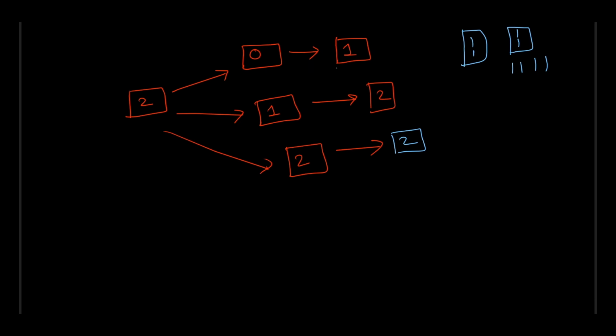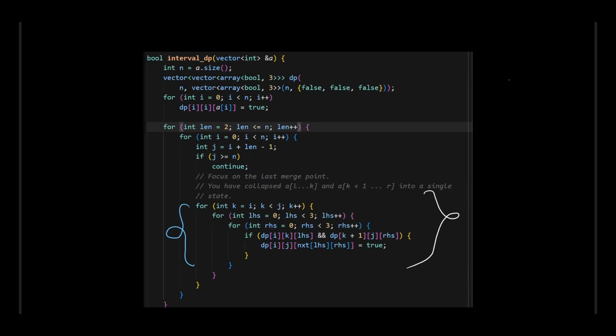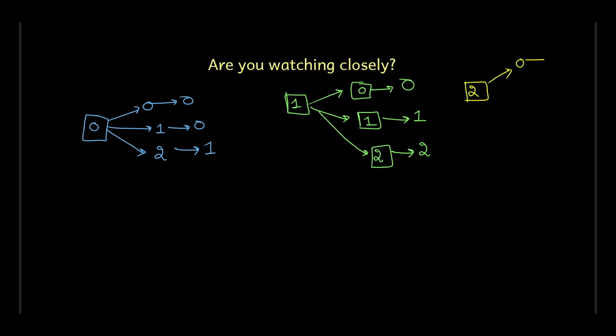On the right hand side we have 1 2 2. So we have 1, 2 and 2.